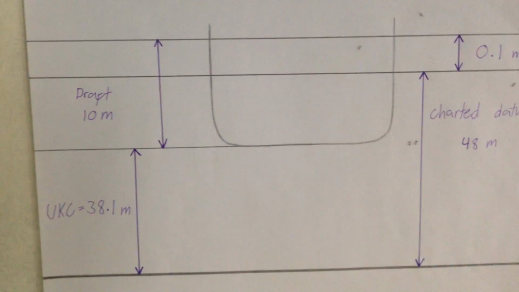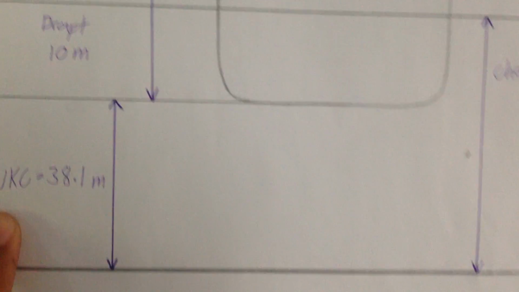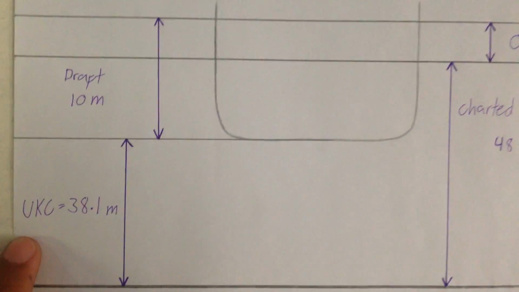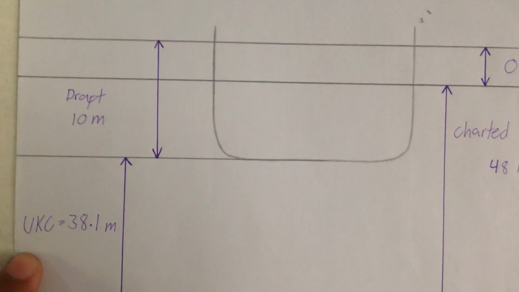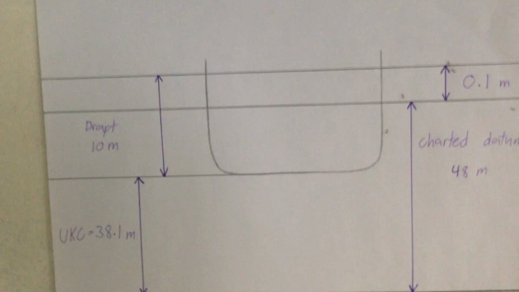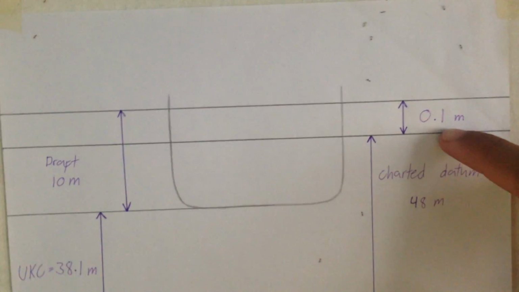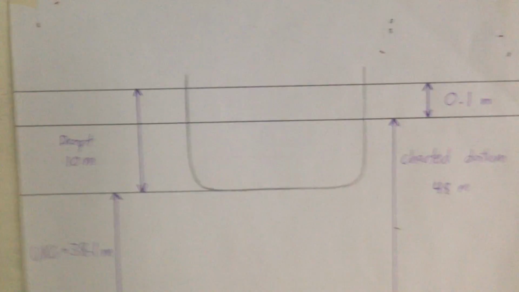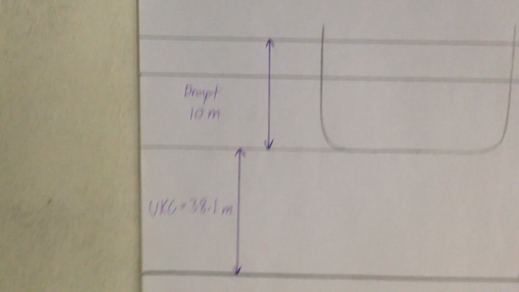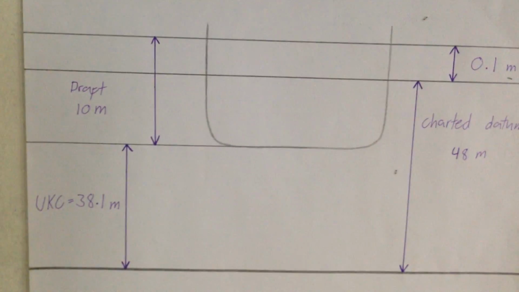So the UKC, or under keel clearance, is 38.1. What I did is add the 48 plus 0.1, then subtract the 10, and we get 38.1 meters.